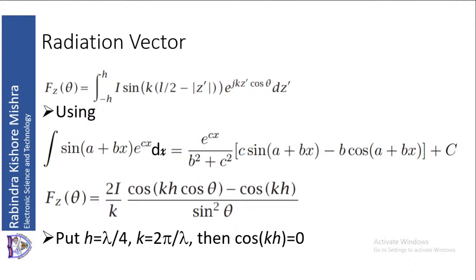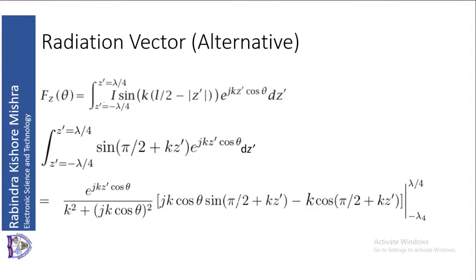If we put these two things, cos kh is equal to 0. So Fz is equal to 2I by k remains as it is, cos of pi by 2 cos theta by sin square theta.